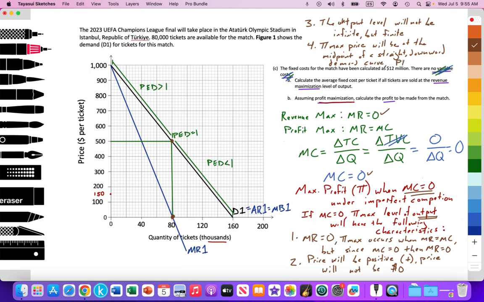Essentially occurring where PED is unit elastic. The price elasticity of demand equals 1.